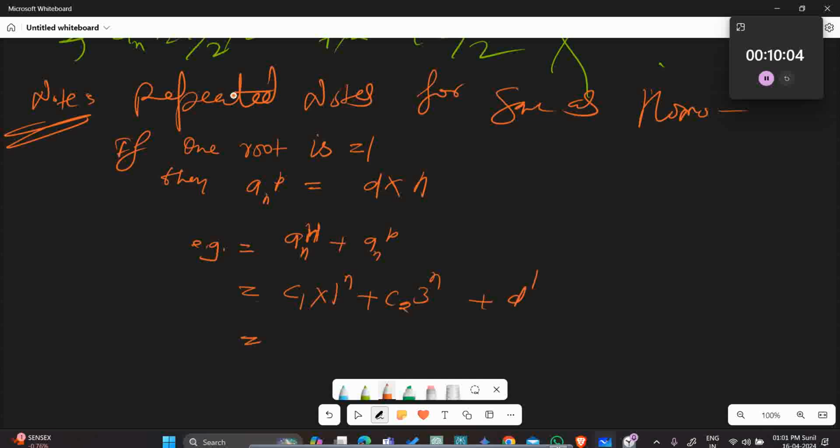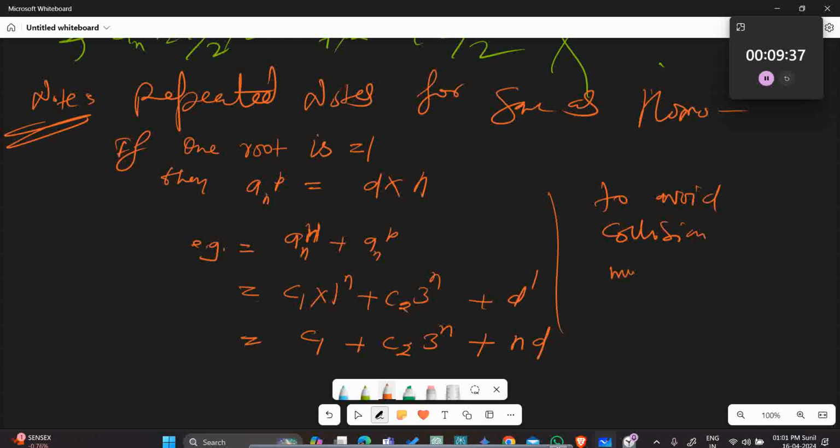This is c1 plus c2 times 3 to the power n plus nd. It is because, to avoid collision, we multiply d by n.